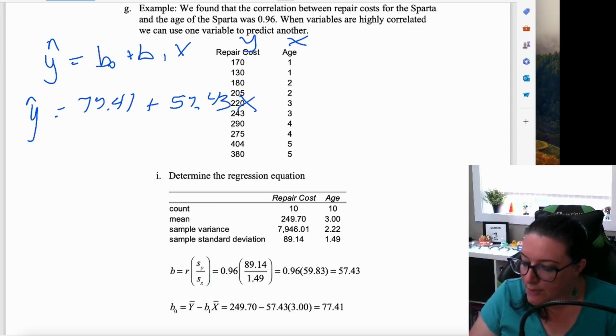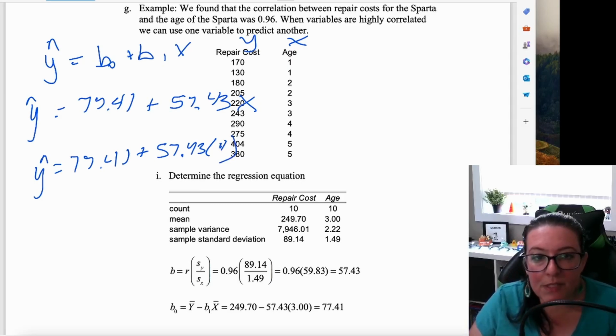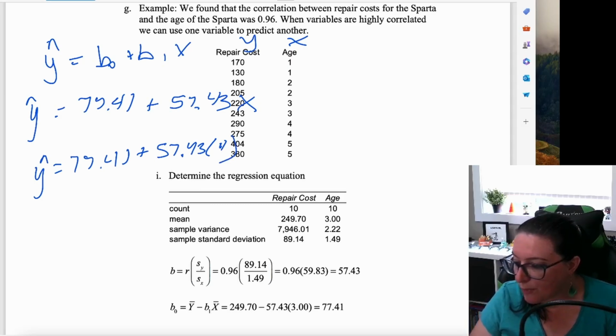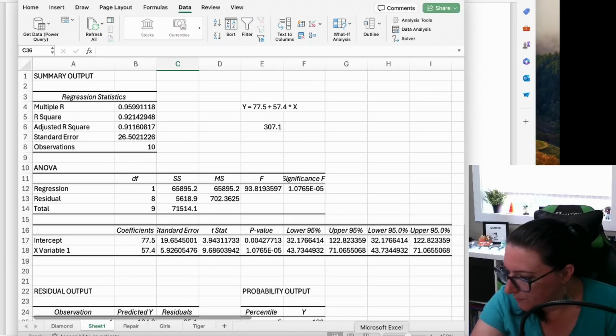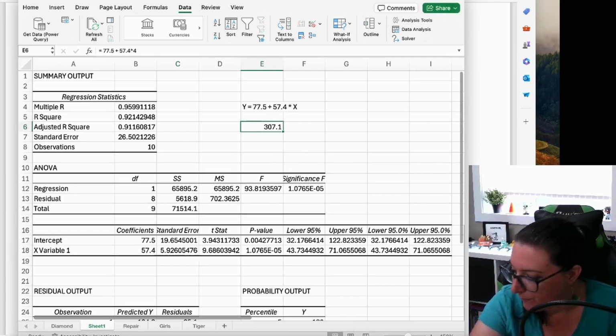So what we looked at in our previous video is that if, for example, the car was 4 years old, we would take 57.43 times 4 and add 77.41, and we did that, and we got 307.10.